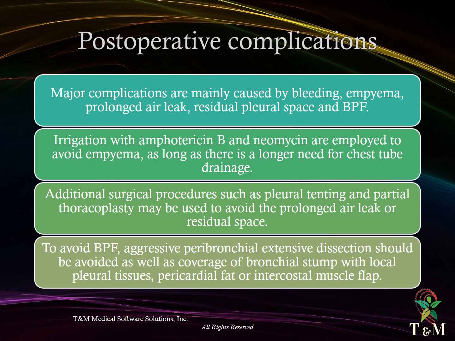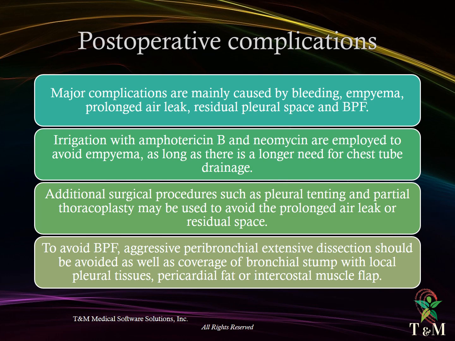For that, we recommend irrigation with amphotericin B and neomycin at the space for as long as there is a need for chest drainage. Additional surgical procedures such as pleural tent and partial thoracoplasty may be used to avoid prolonged air leak or residual spaces.